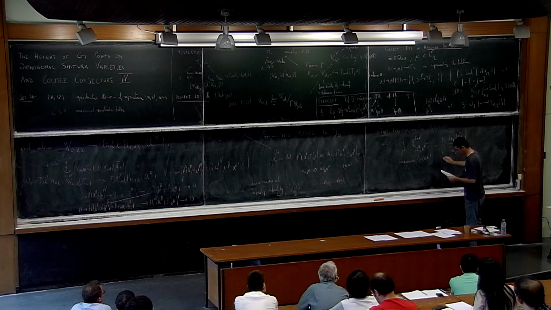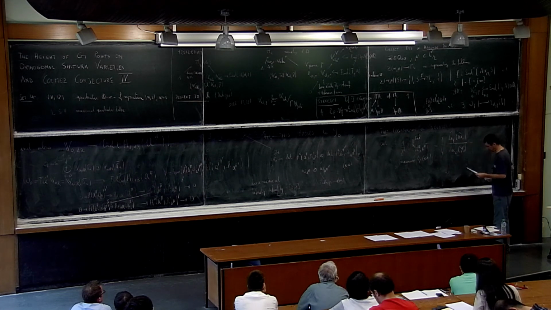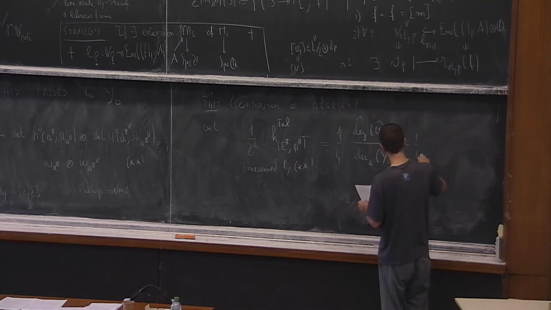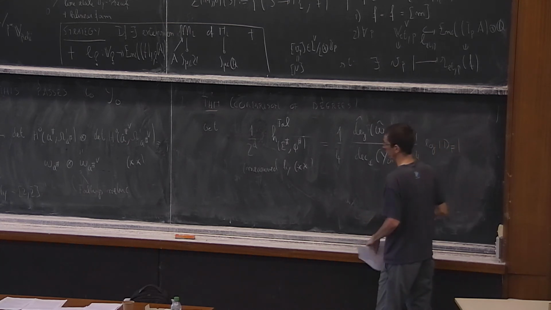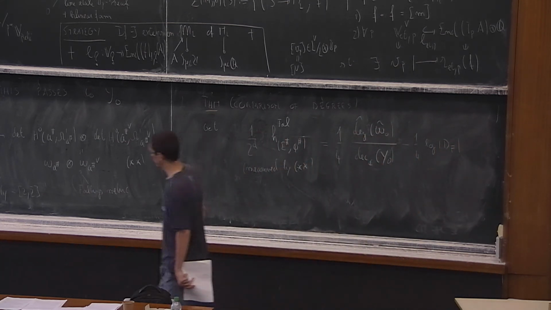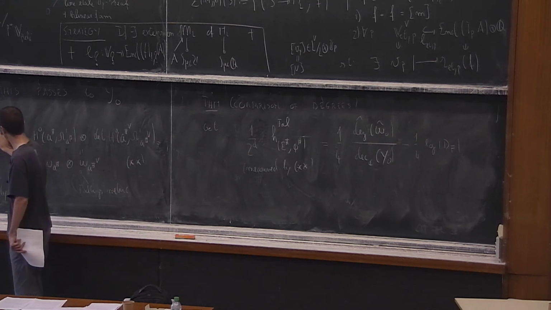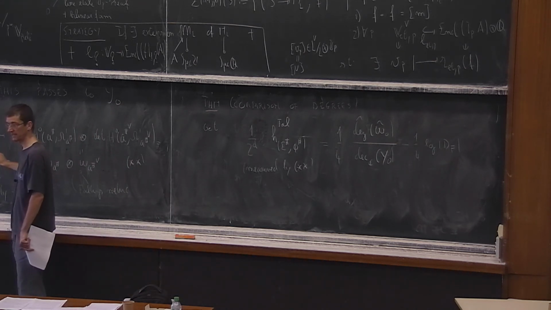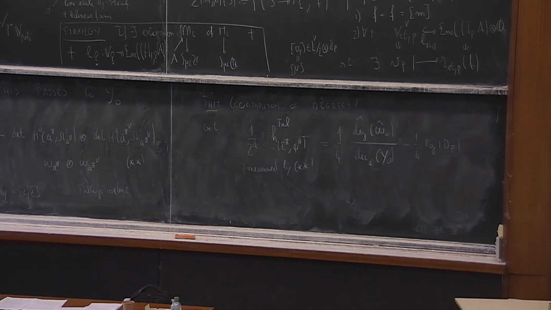And then there is a 4. And then there are two contributions. There is 1/4 of the discriminant of the totally real field that comes from the fact that this map is not an isomorphism exactly at the primes that ramify in OF.